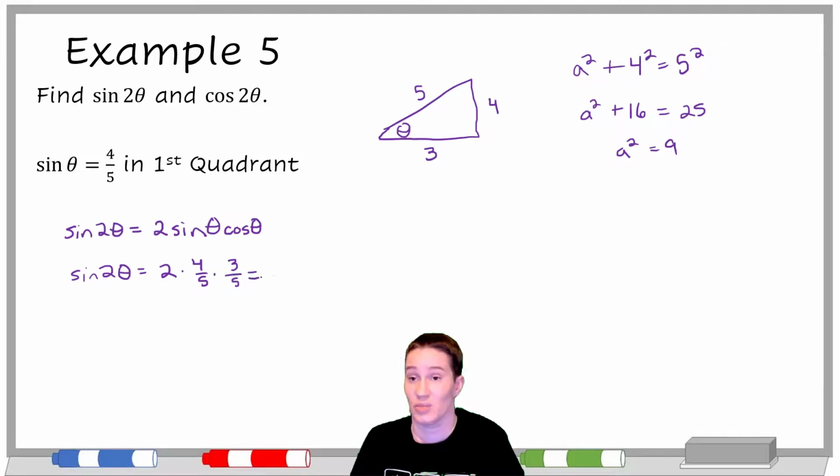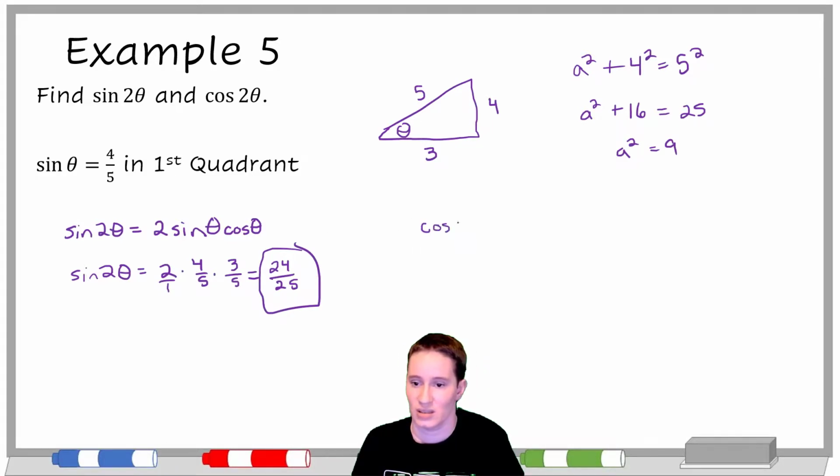This is going to seem much more satisfying than what we did with the half-angle identities, right? So we'd do 2/1 times 4/5 times 3/5. So that would be 24/25. And that is a fraction instead of us getting a decimal, so that's nice, I guess.